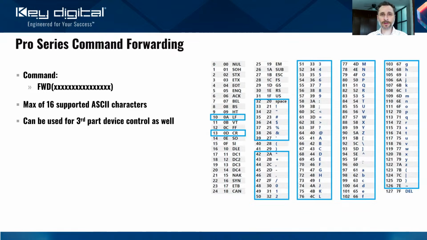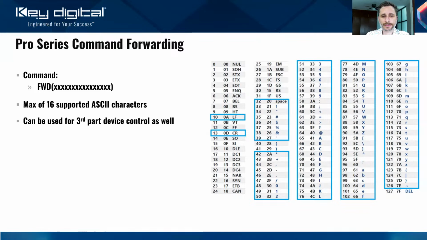So if you wanted to connect a projector, for example, with RS-232 control, and the projector used ASCII format characters and up to 16 characters maximum. Those are the two requirements, ASCII and 16 characters maximum.